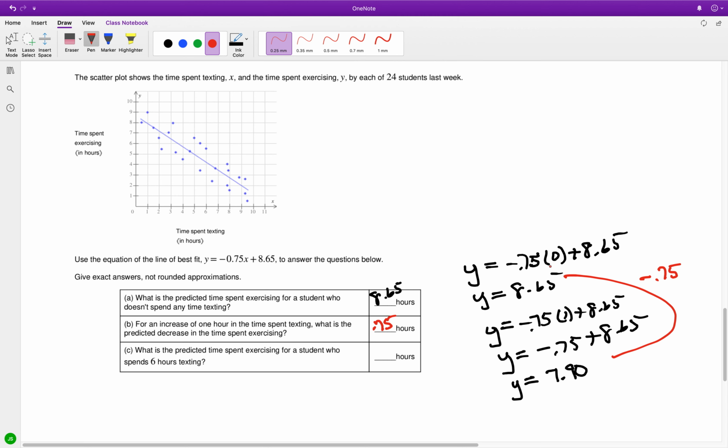The slope is negative 0.75. It asks, what is the predicted time spent exercising for a student who spends 6 hours texting?